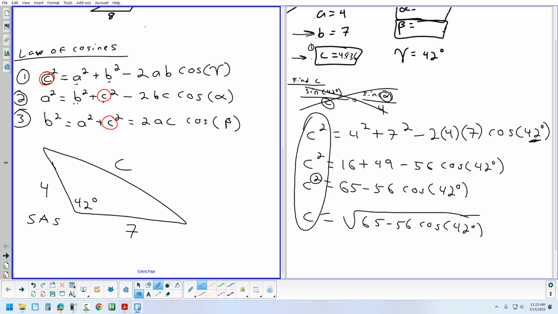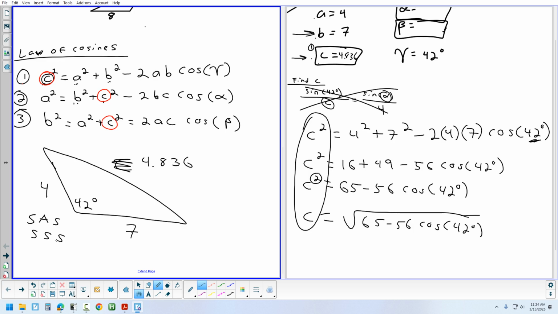Now we have an extra piece of information. We know this side is 4.836. That makes this triangle another type now. What's another type that this would fall under now? Side, side, side.